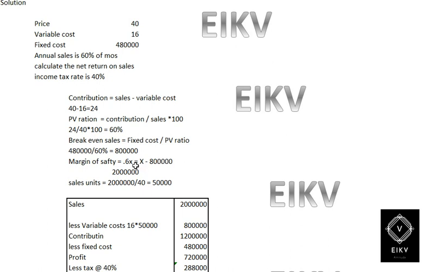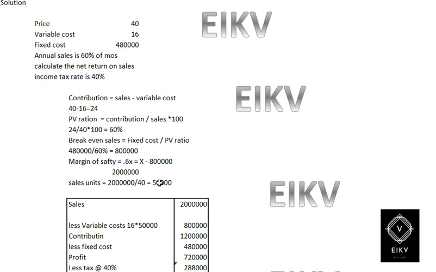The margin of safety as given in the question is 60% of the sales. MOS is equal to 60% of sales. So 0.6x is equal to x minus 8 lakh. When we solve this formula, we will get the sales as 20 lakh.